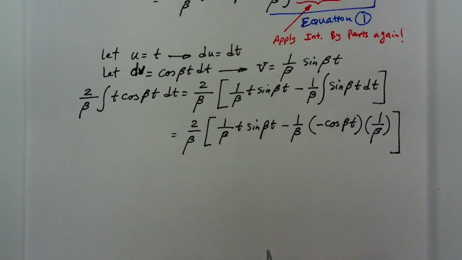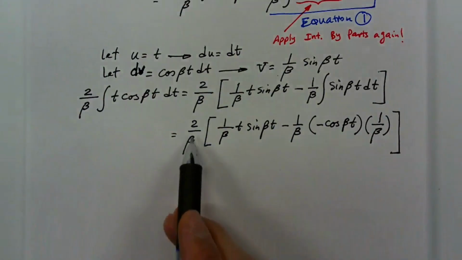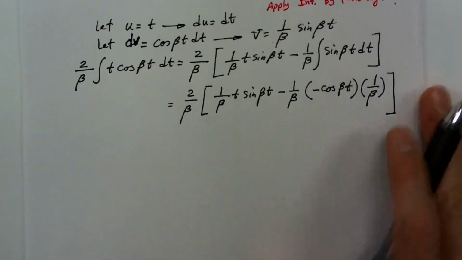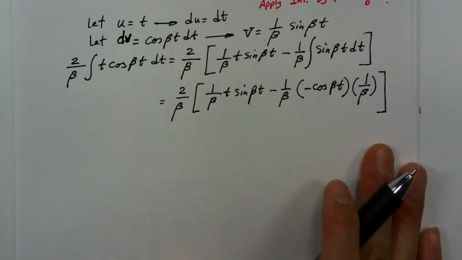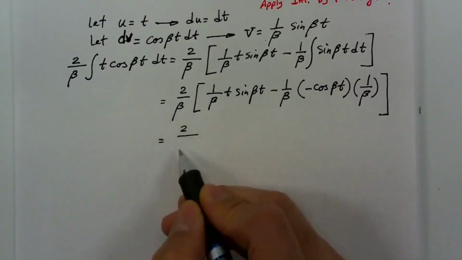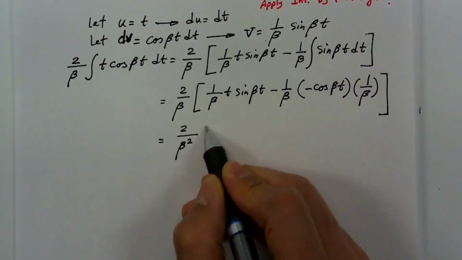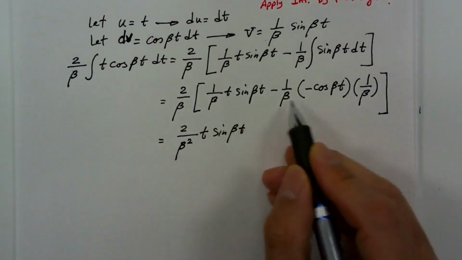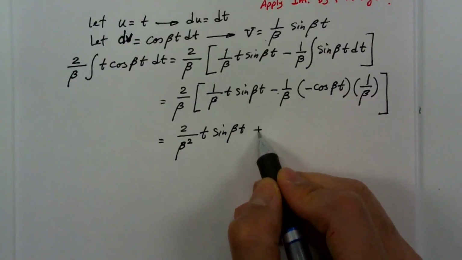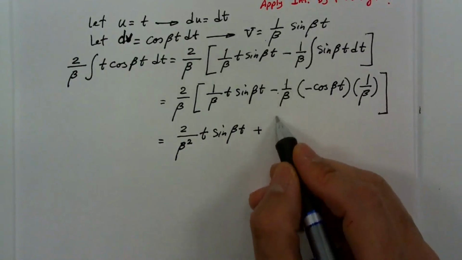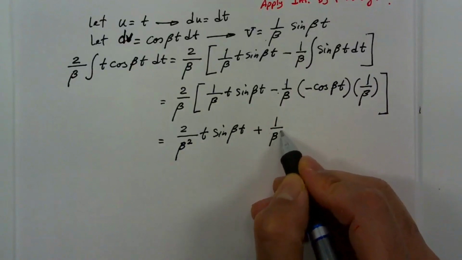Let's distribute this to all of that, and let's see what we get. We're going to get 2 over beta squared t sine of beta t, minus times minus, plus 1 over beta times 1 over beta, 1 over beta squared.